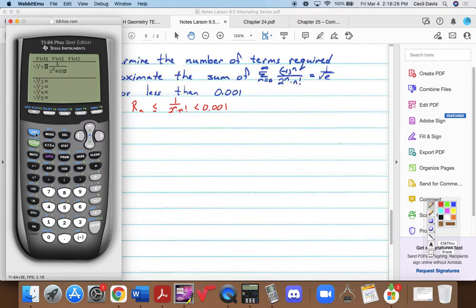And then go to the table and look for, this is 1/1000th, right?